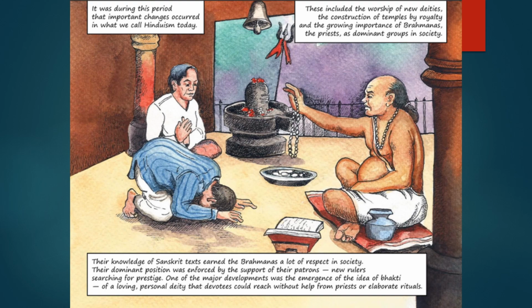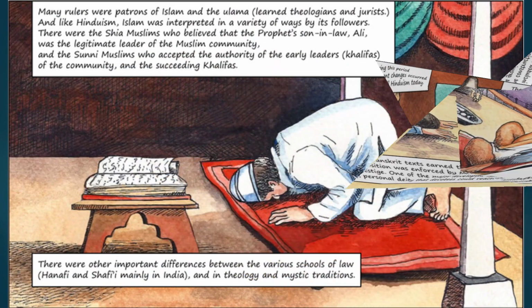Their dominant position was enforced by the support of their patrons, new rulers searching for prestige. One of the major developments was the emergence of the idea of bhakti, of a loving, personal deity that devotees could reach without help from priests or elaborate rituals.